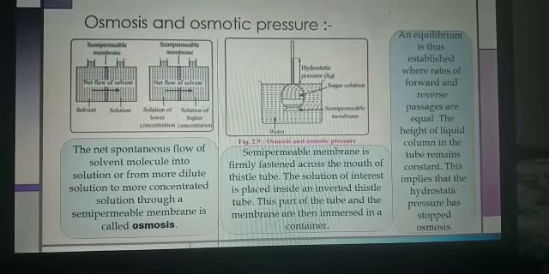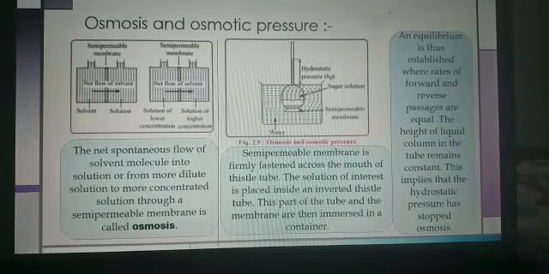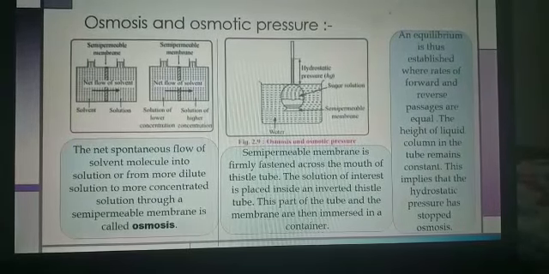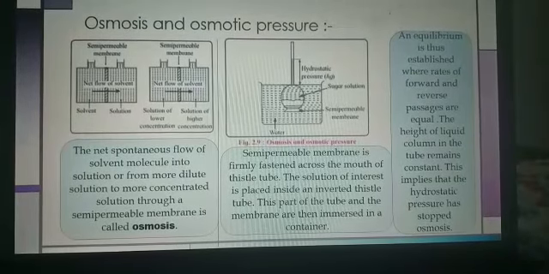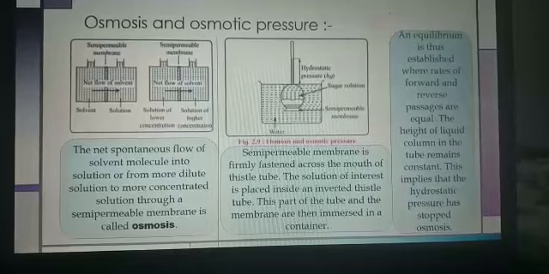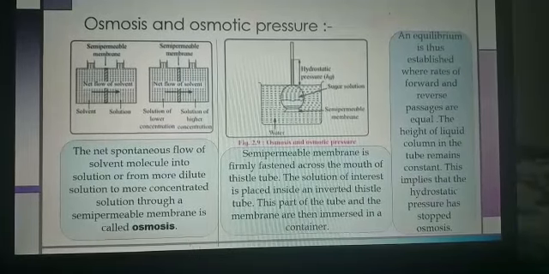These pores are small enough not to allow the passage of large solute molecules or ions of high molecular mass through them. The semi-permeable membrane selectively allows the passage of the solvent molecules. So it is simply like a thin film.